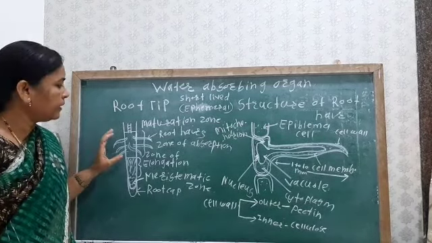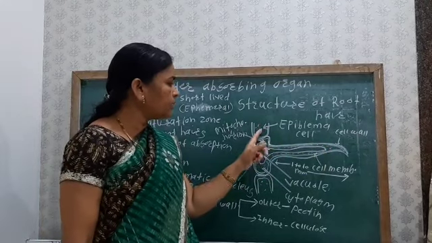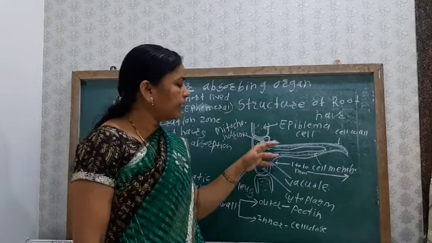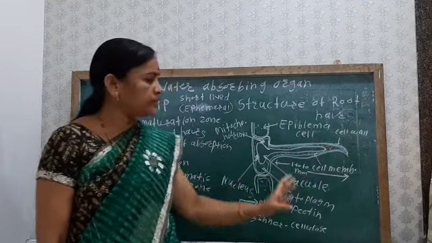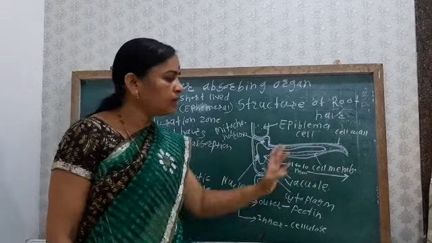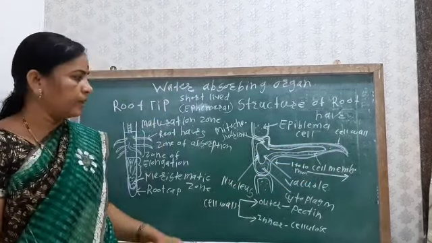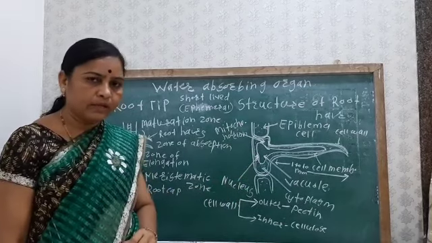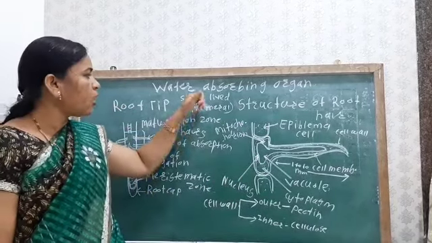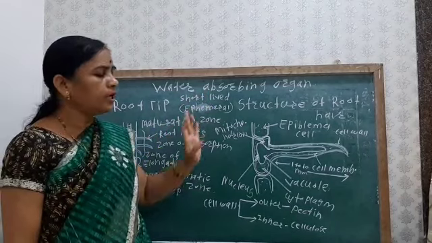The root hair is a single cell, that is, only one epiblema cell gets enlarged, elongates and produces a hair-like structure, the root hair. So the root hair is unicellular, colorless, short lived, and known as ephemeral.